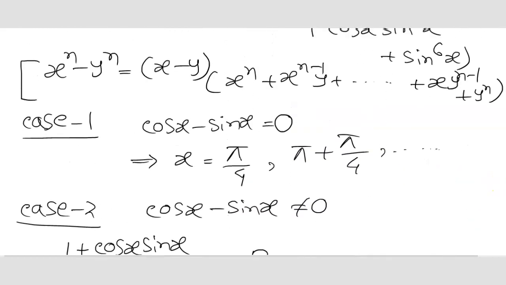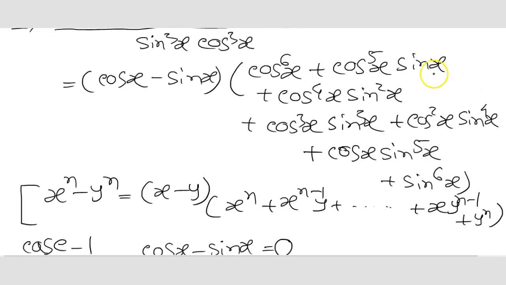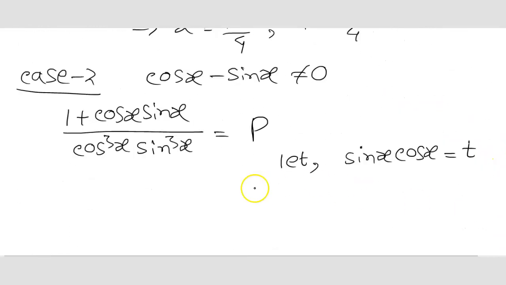So we might have to find some way to write this whole bigger thing in terms of t. Let's just try. If we write this, it is simple, right? 1 plus t, and it is t cube.